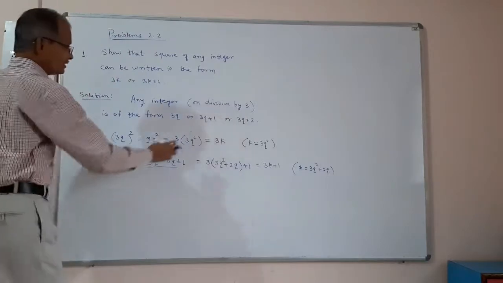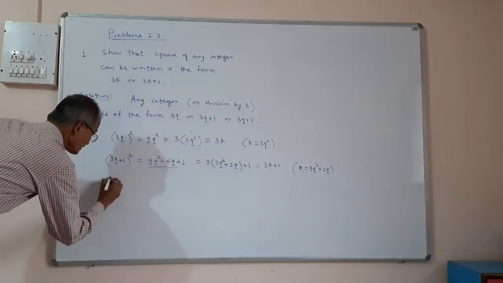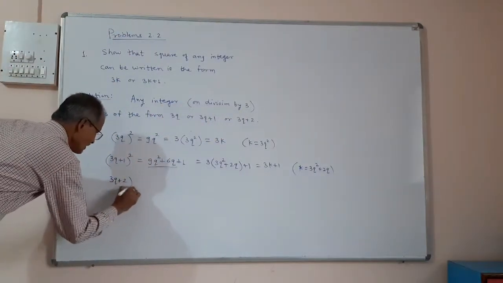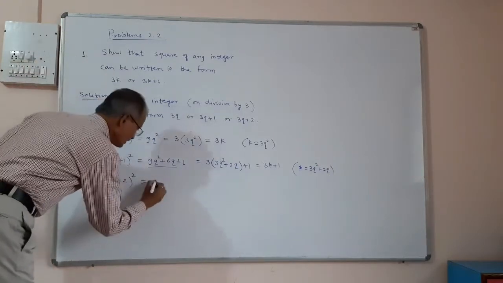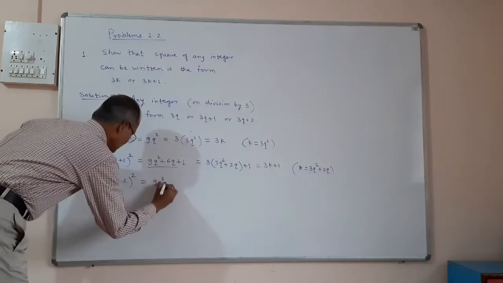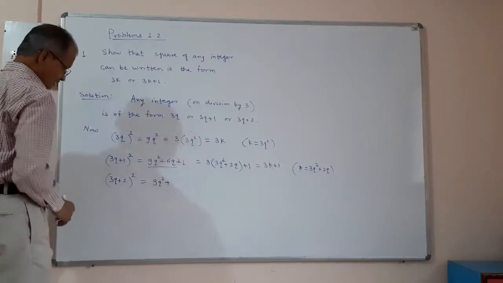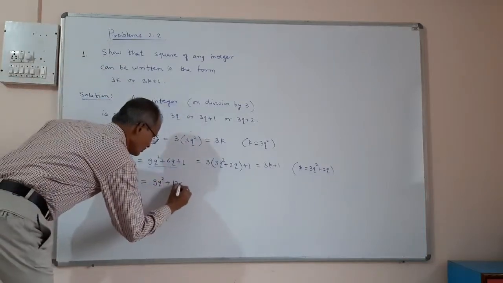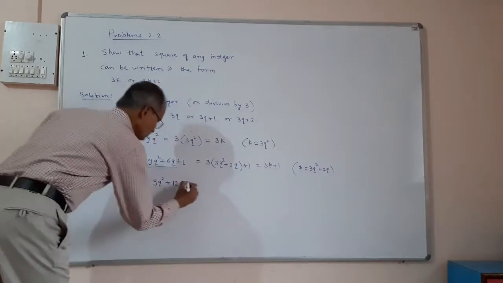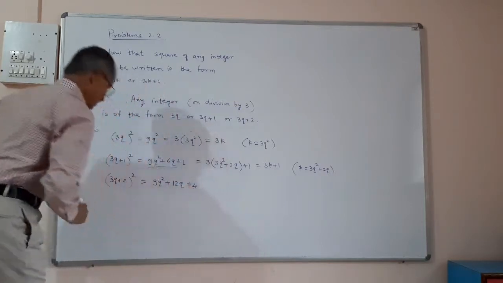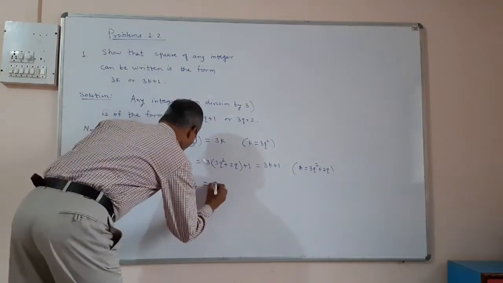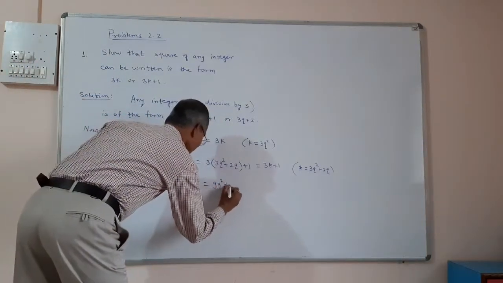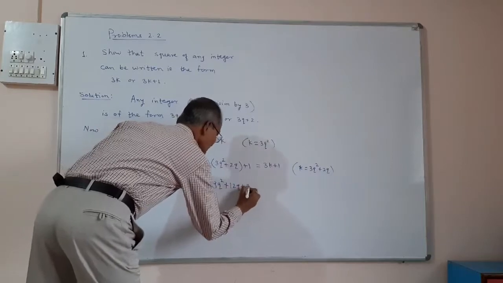Now the remaining third form is 3q plus 2. Now see what is its square. Its square will be 9q square plus 6 into 2, that is 12q, and plus 2 square, which is 4. Now this can be written as 9q square plus 12q plus 3 plus 1.